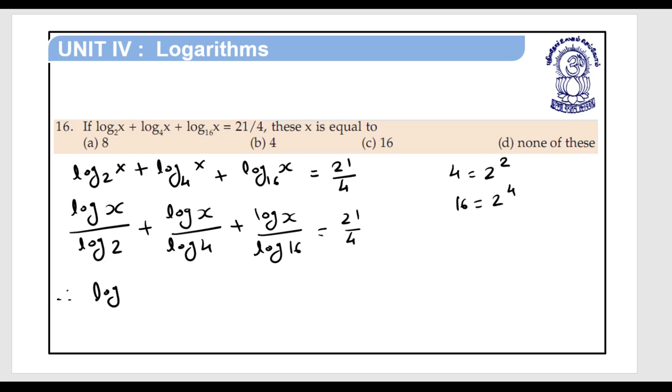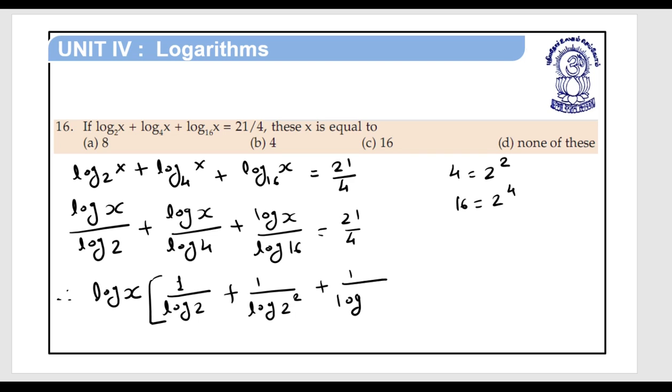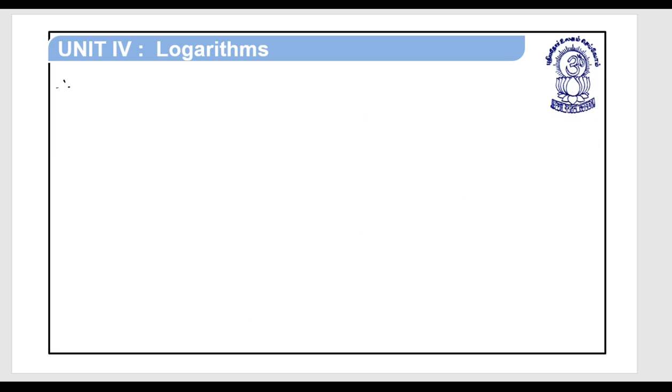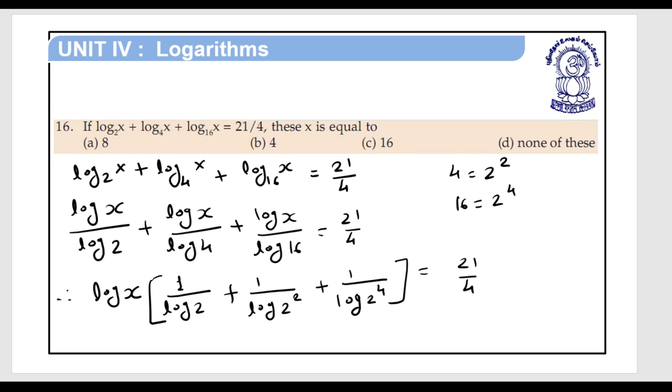So log x common: 1 upon log 2 plus 1 upon log 2 square plus 1 upon log 2 raised to 4 is equal to 21 by 4. Common base 10.